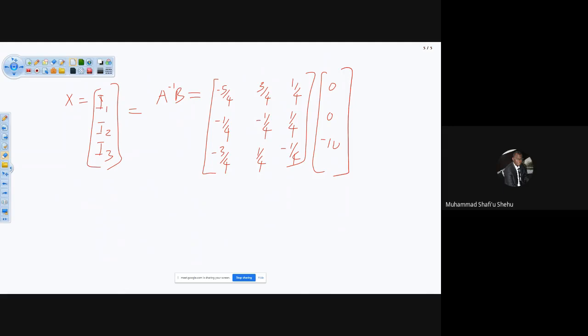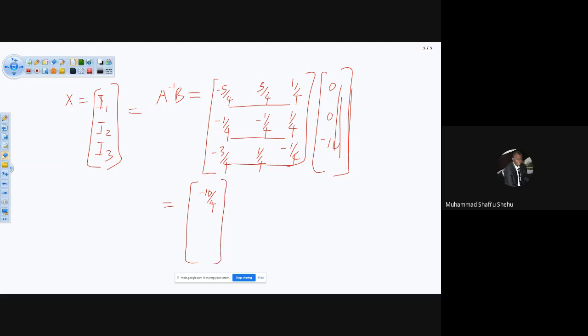By multiplying, you remember, it's row by column, and row by column. So we can now see minus 5 over 4 multiplied by 0 plus 3 over 4 multiplied by 0 plus 1 over 4 multiplied by minus 10, which is going to give us our first answer for the first column as minus 10 over 4.